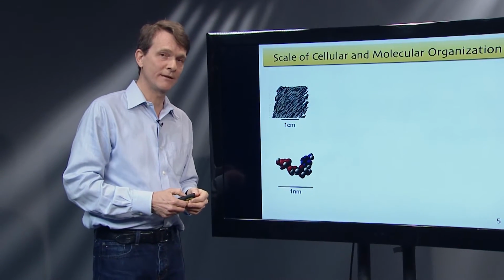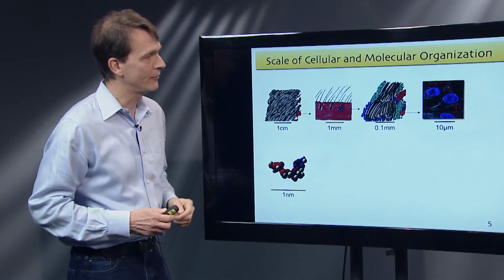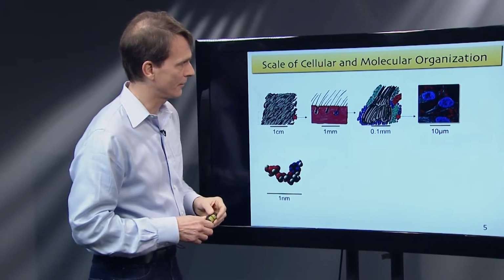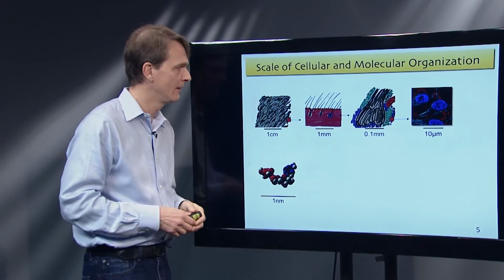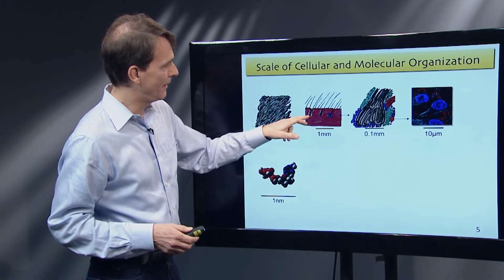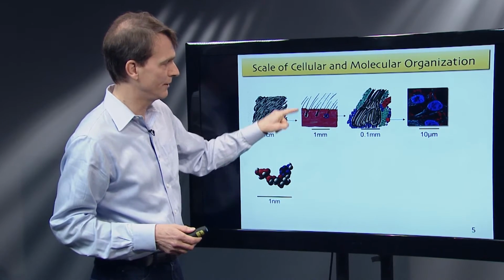So let's illustrate that by zooming in, magnifying a few orders of magnitude. So a 10-fold magnification of this patch of hair. You will see hairs and their follicles embedded in skin, and this is approximately 2 by 2 millimeters here.